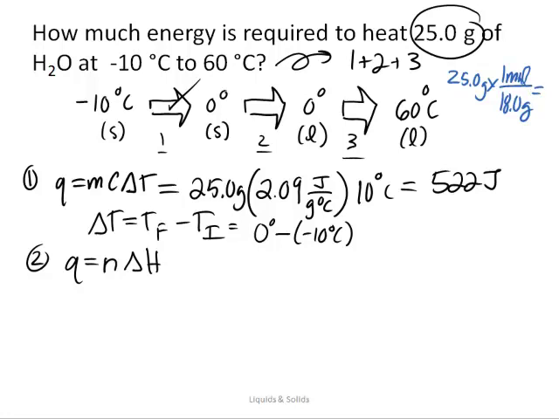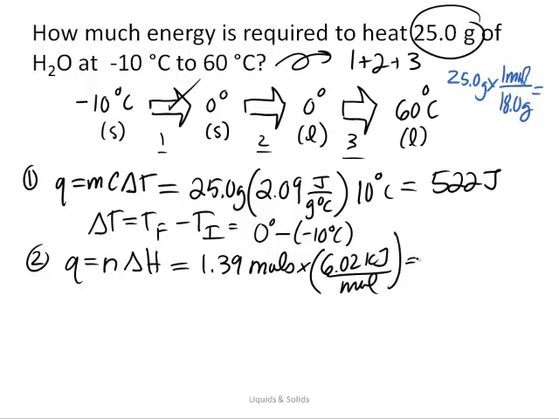And what you will get is 1.39 moles times delta H, which for the transition from solid to liquid is 6.02 kilojoules per mole. Okay, so when you do that in your calculator, you are going to get a value of 8.36 kilojoules.